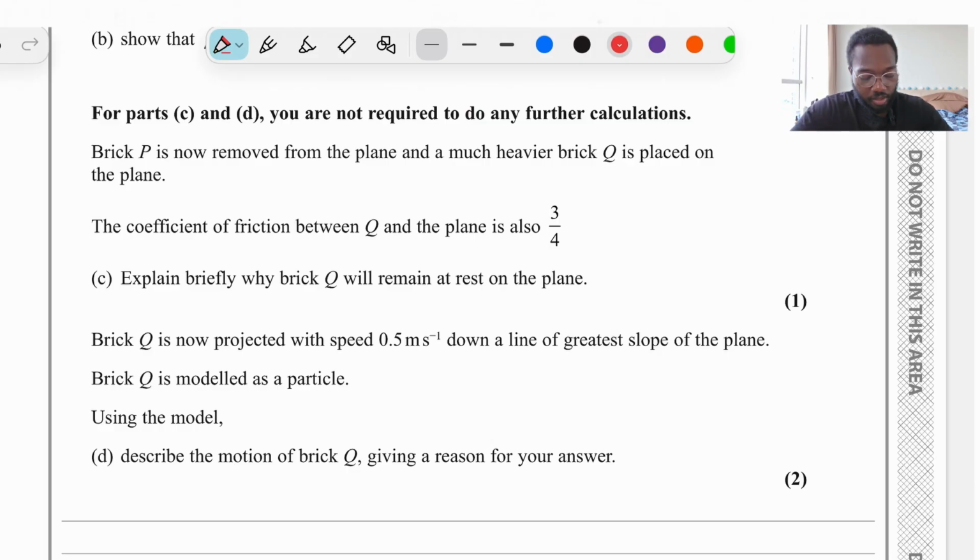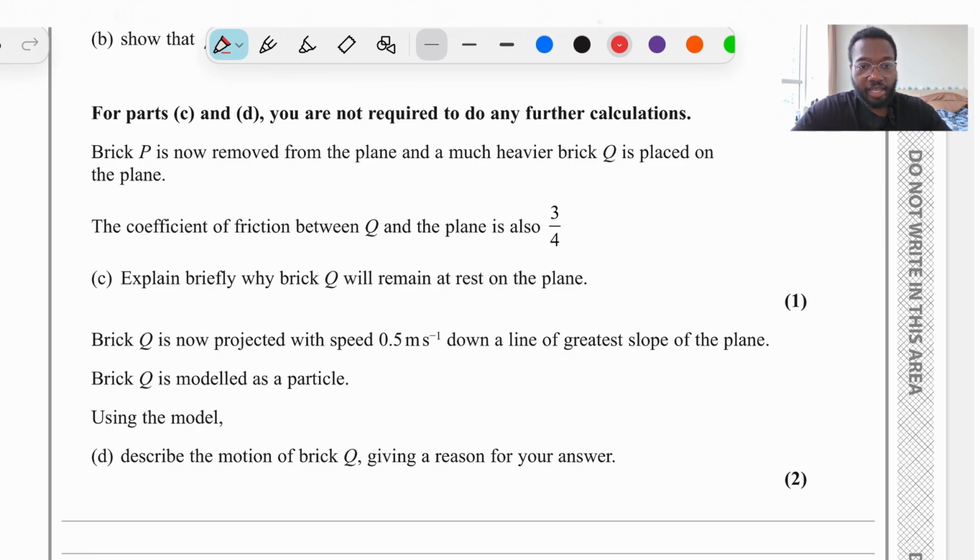And for part D, we've got that the brick Q is now projected with speed 0.5 meters per second down a line of greatest slope of the plane. The brick Q is modeled as a particle, and using this model, describe the motion of brick Q, giving a reason for your answer.